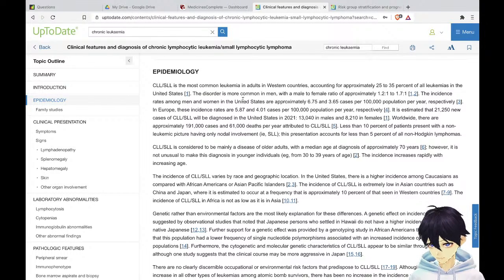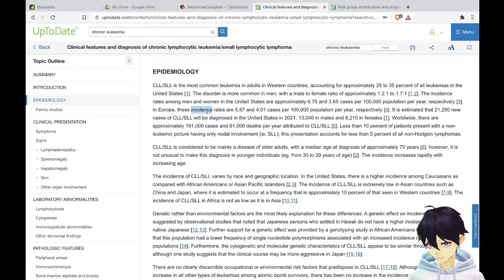The disorder is more common in men, with a male to female ratio approximately 1.2 to 1 to 1.7 to 1. The incidence rates among men and women in the United States are approximately 6.75 and 3.65 cases per 100,000 population per year, respectively.